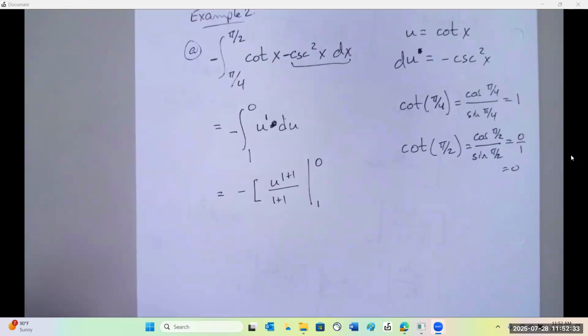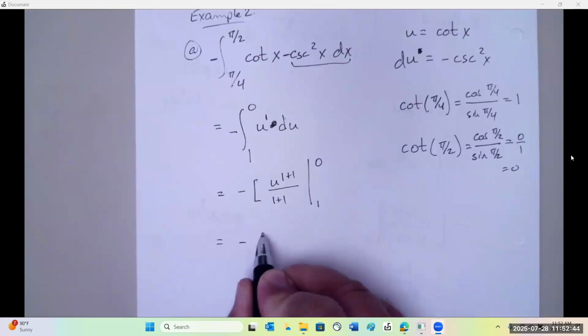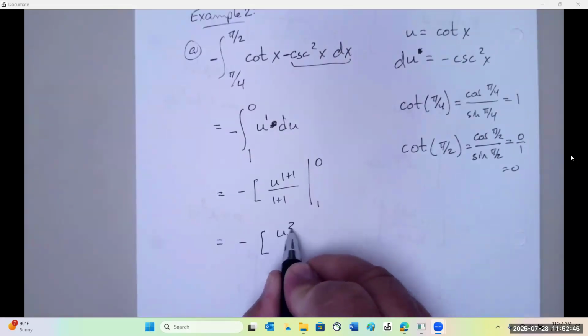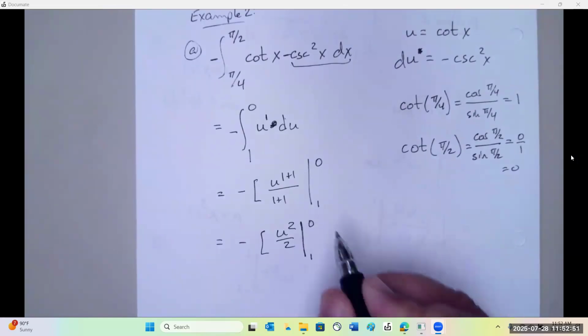So you see, just because we don't have to write cotangent or cosecant or whatever at pi over 2, it's a lot less writing. The less writing, the less chance of mistakes. So we have u squared over 2 from 1 to 0.